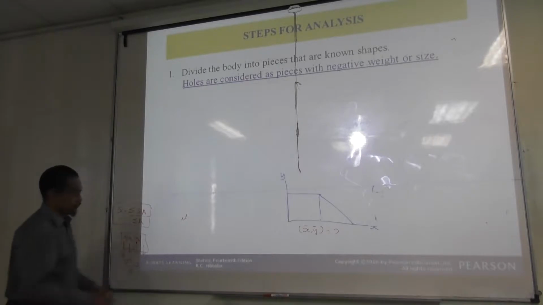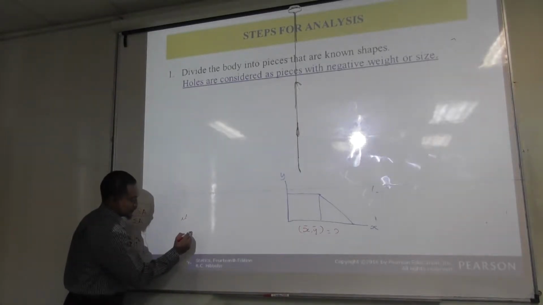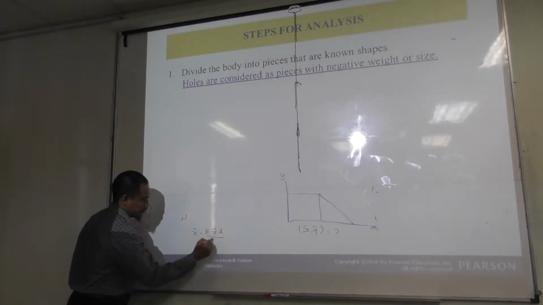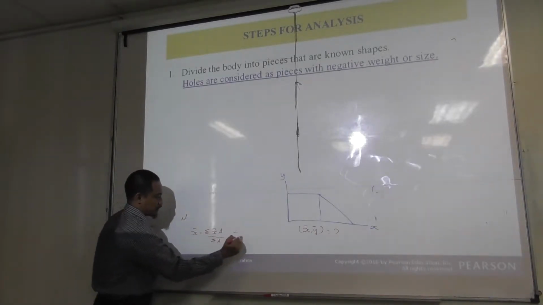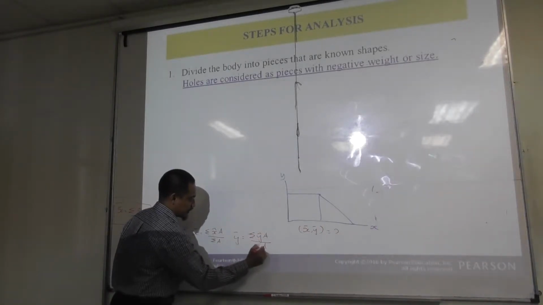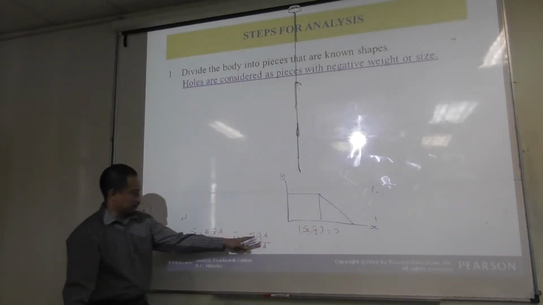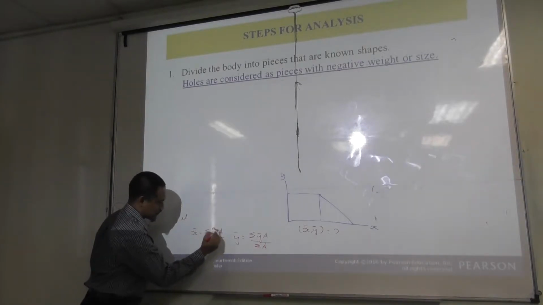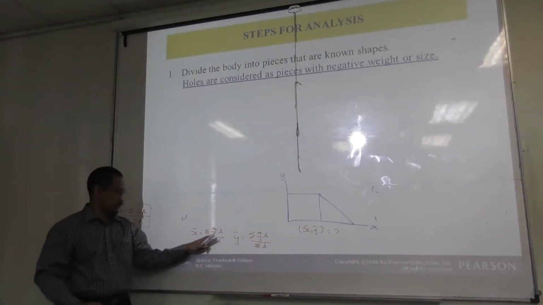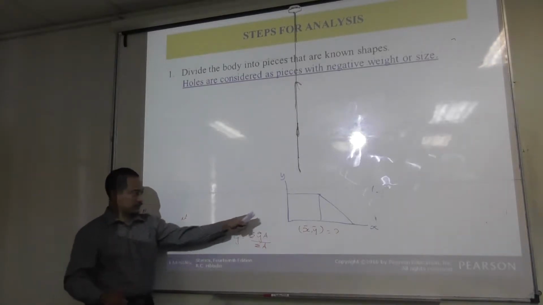So if you know from the starting point, you know what equation you want to use. X equals summation of x a over summation of a, y equals summation of y a over summation of a. Again, this x and y is actually the wave, meaning this corresponds to the element, or in this case, the segment.